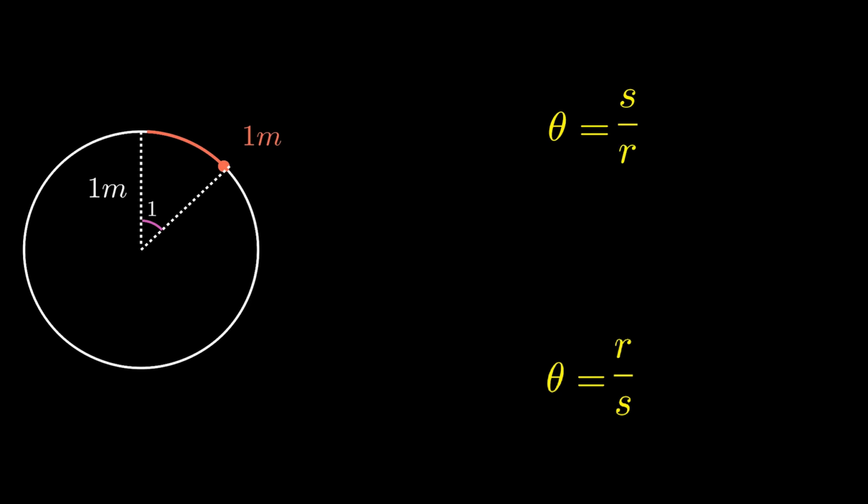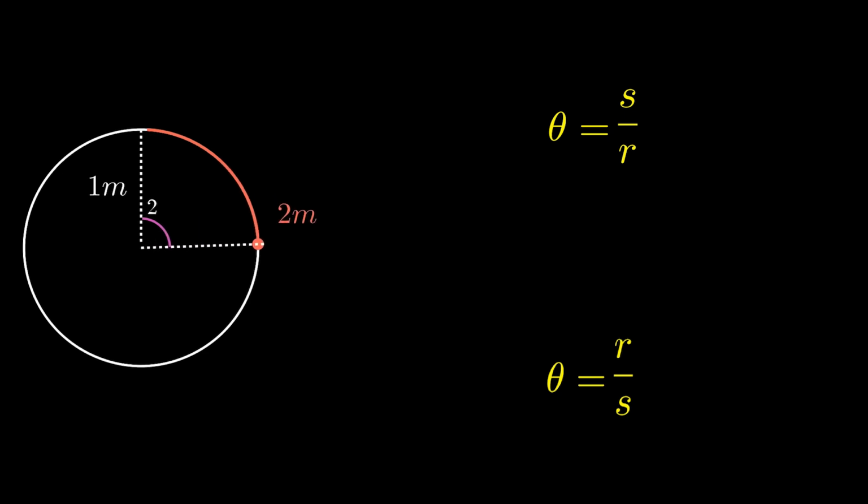We know r doesn't change, but arc length does, as the angle gets wider. We want the values of our radian to increase as the angle gets larger, so it makes sense to put the arc length at the top. So theta, which would be 1 radian, equals arc length divided by r. Rearrange and you get the formula from before.